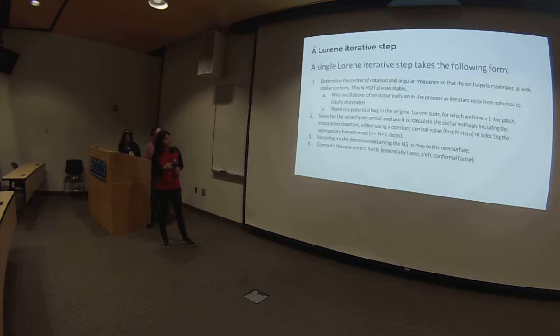The first step determines the center of rotation angular frequency so that the enthalpy is maximum at the center of both the stars. This is not always stable, especially if the initial configuration we start with is far away from equilibrium.